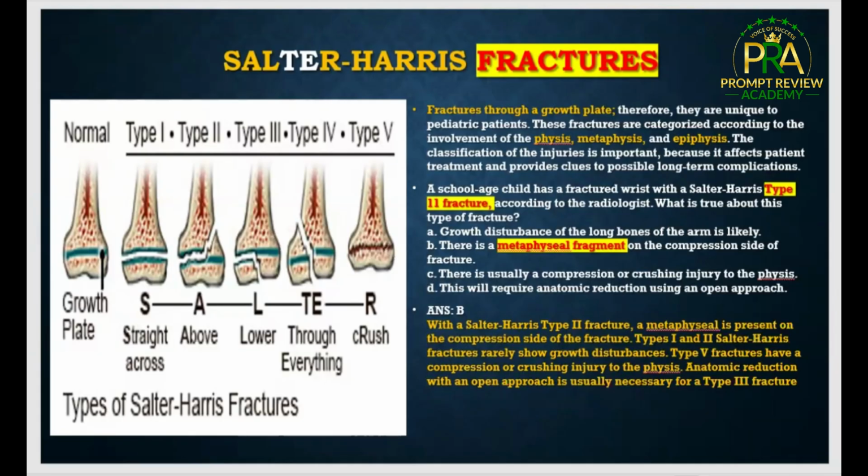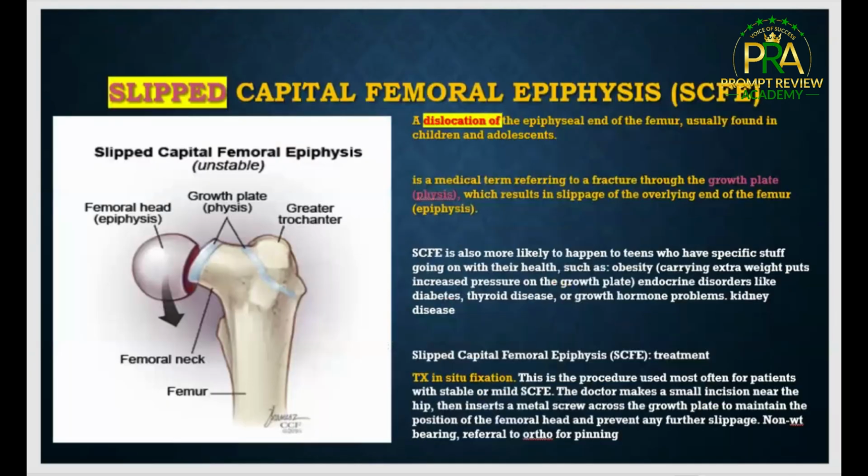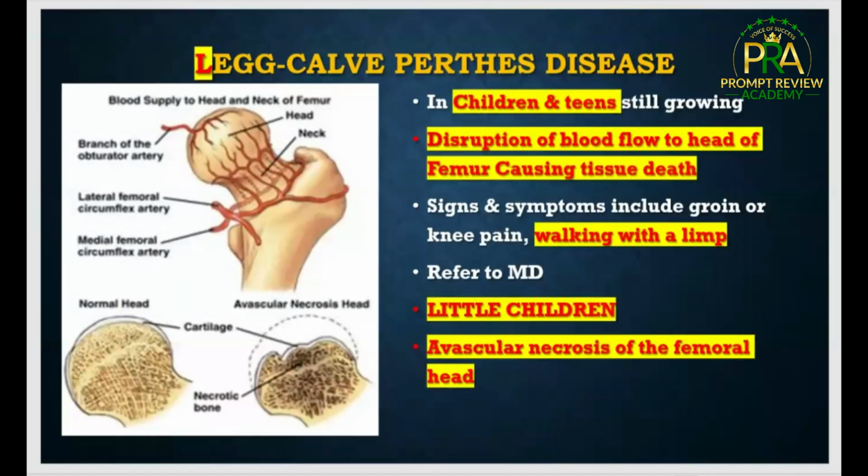So let me summarize again for emphasis. We started from Legg-Calvé-Perthes. What is Legg-Calvé-Perthes? It is avascular necrosis of the femoral head. What did I mean by that? When there is no blood flow or limitation of blood flow, avascular necrosis of the femoral head.